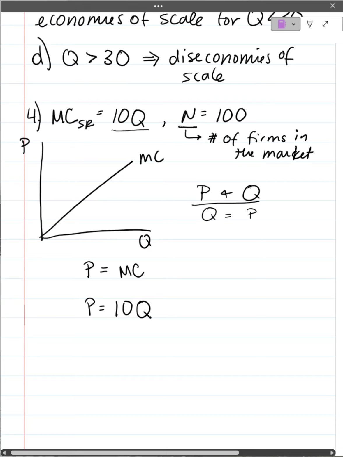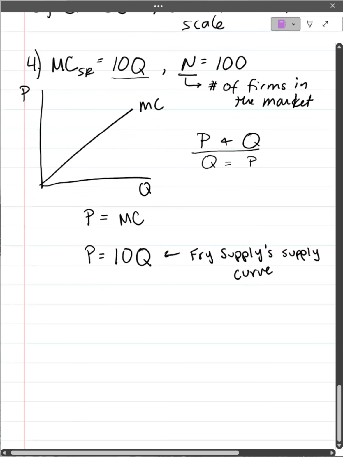Okay? But note that the question asks us to find the market supply. So currently what I have now is just a single firm, Fry Supply's supply curve. Okay. Because I know that Fry Supply is exactly identical to other firms in this market, we can use Fry Supply's supply curve to aggregate up to the market supply curve.